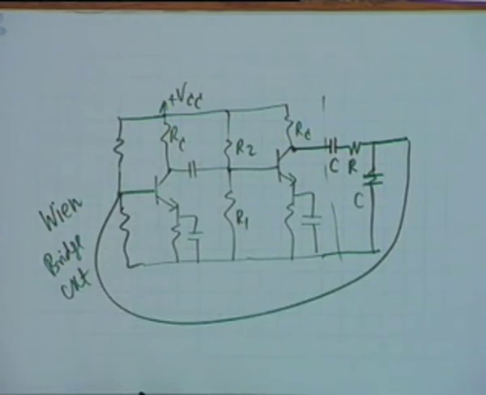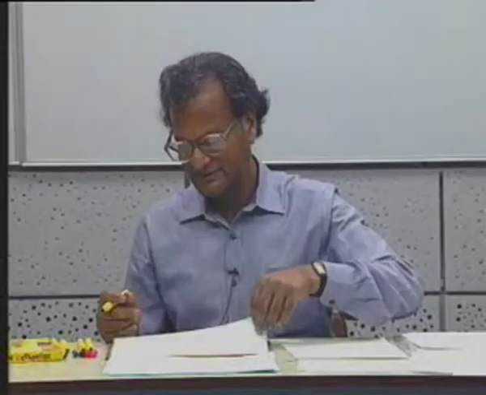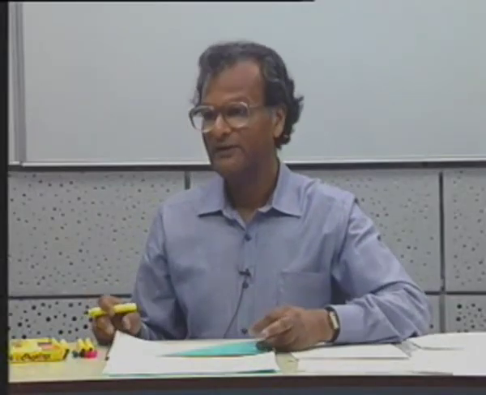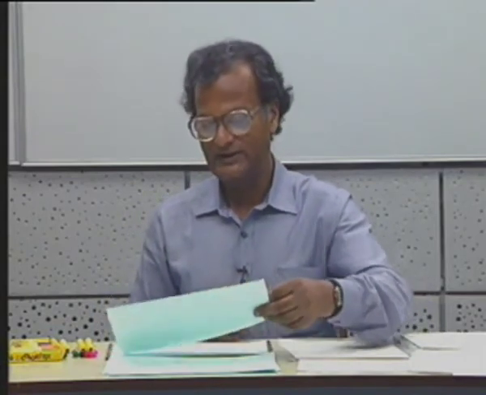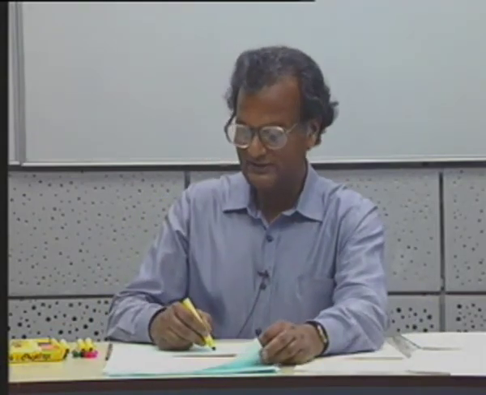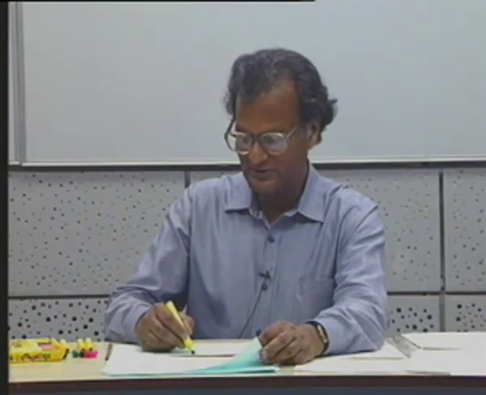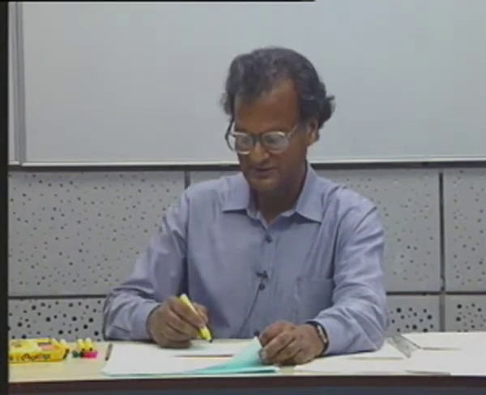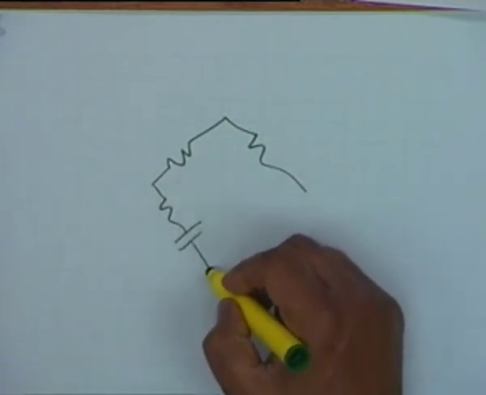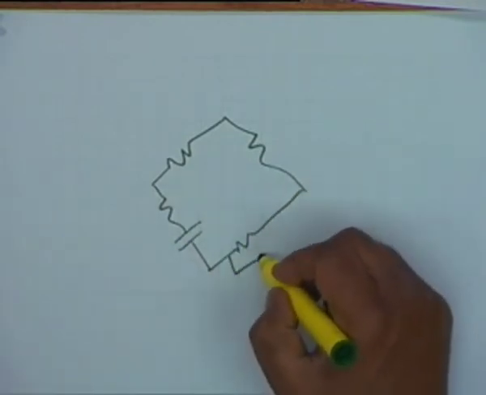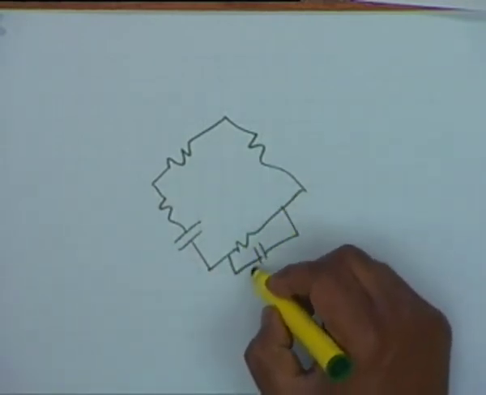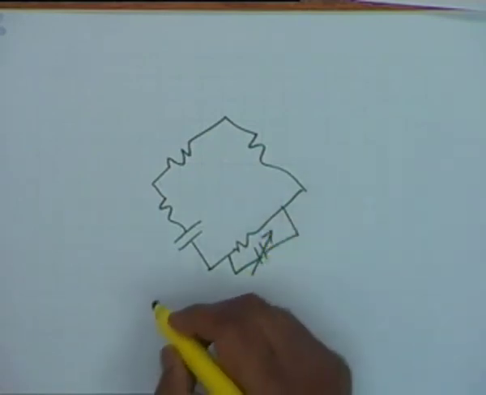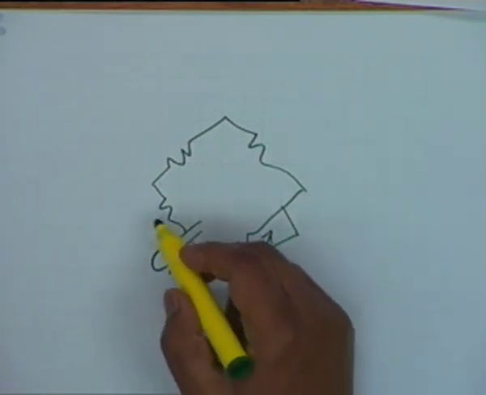The Wien bridge circuit. Do you know what is a Wien bridge? No. Well, it is a very useful circuit for measurement of capacitors. What one does is a Wheatstone bridge, then an RC and a parallel RC. This is the unknown capacitor Cx.